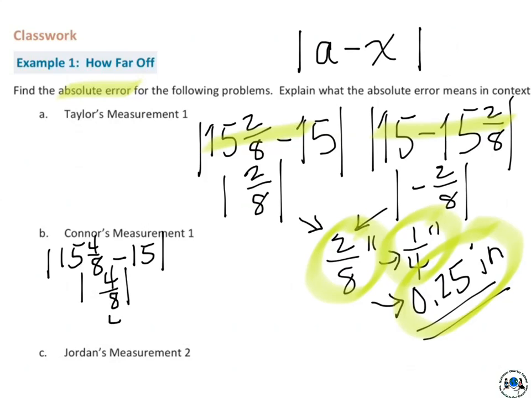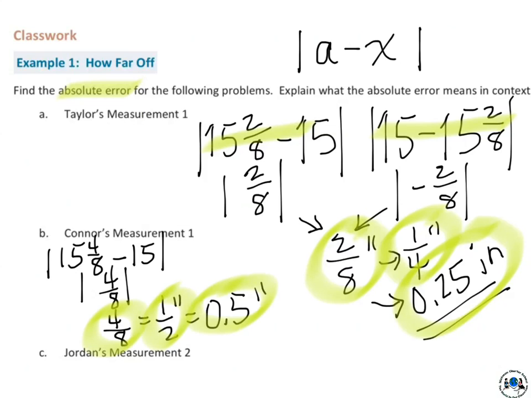Of course 4/8 is equal to 1/2 of an inch, which is also equal to 0.5 of an inch, or 50 hundredths of an inch, if you wanted to. And again, these are all correct answers.